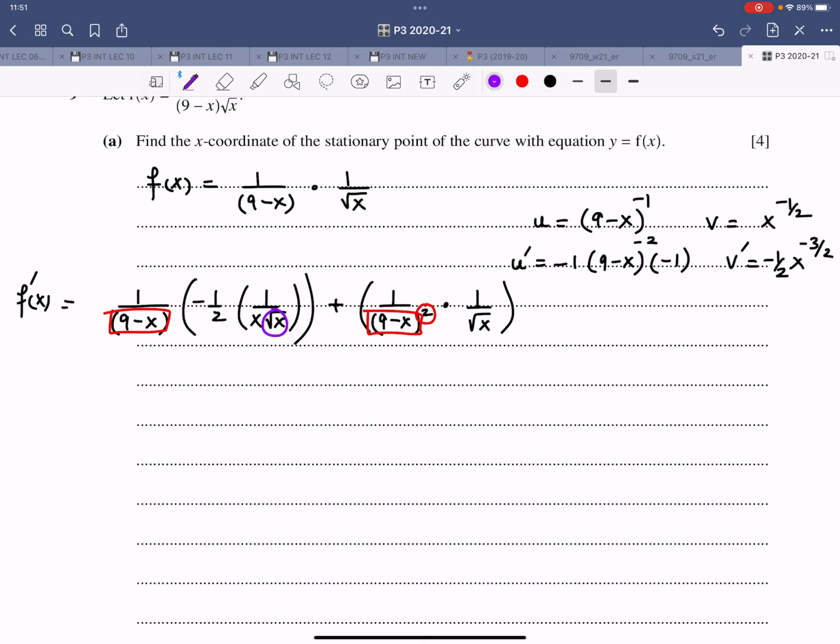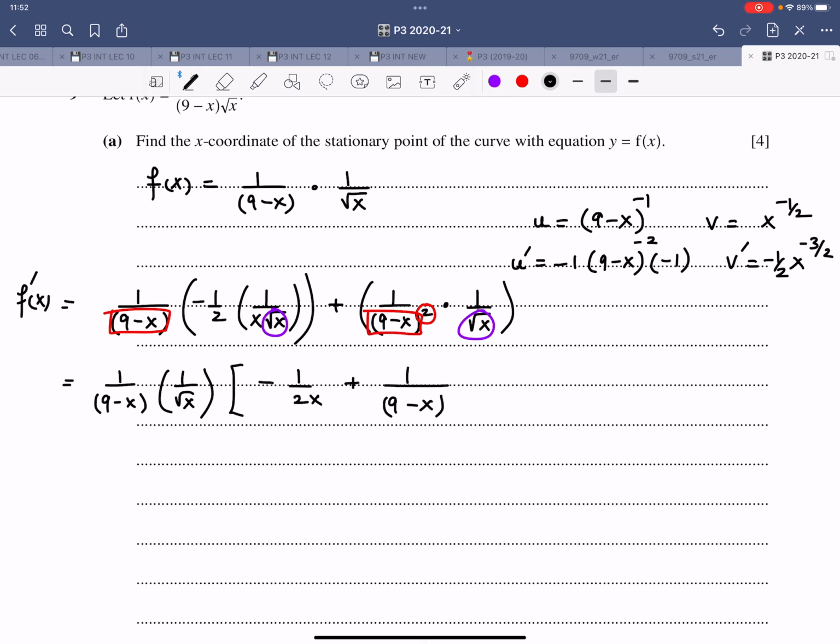Root x, this thing can be taken common out. So 1 over 9 minus x is taken common out. And then we have 1 over root x, that's taken common out. And this is minus 1 over 2x, the x is in the denominator. And plus 1 over 9 minus x.